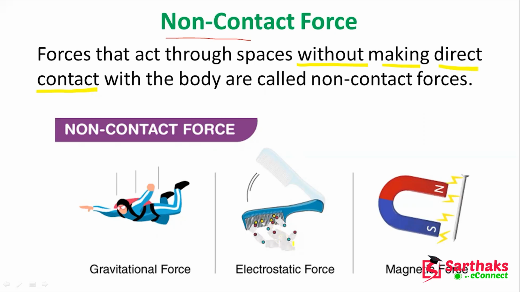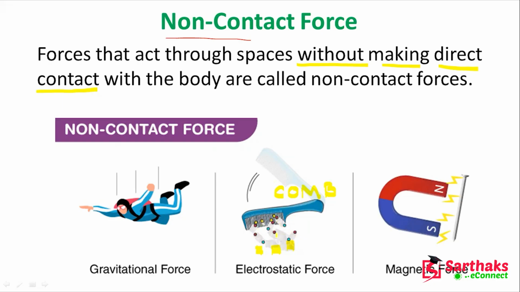Now, this is a very good example in our daily life. Whenever you are using a comb, after a certain time you can see that some electrostatic force and charge will be there, and if you place some pieces of paper here, it will attract the pieces of paper. So these pieces of paper are not in contact with the comb, but you can see that there is some attraction and you can collect all the pieces of paper using this comb.